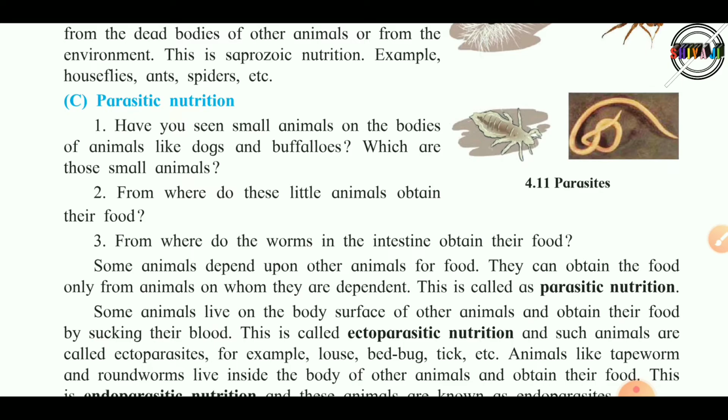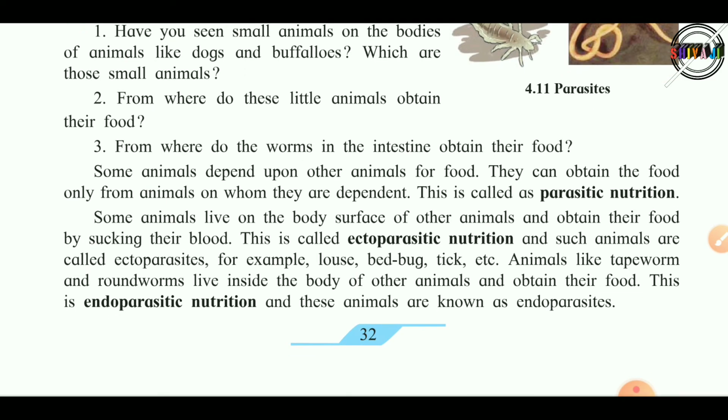From where do these little animals obtain their food? They obtain food from these animals. Some animals depend upon other animals for food. They can obtain the food only from animals on whom they are dependent. This is called parasitic nutrition.